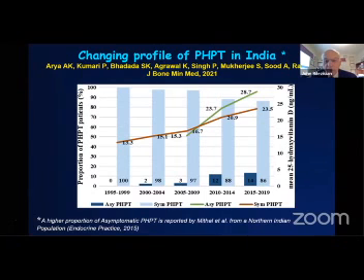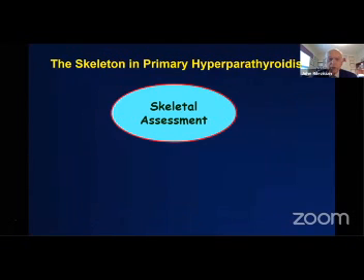This may also relate to levels of vitamin D, which chronically in India have been extremely low, another point that we will touch on shortly.